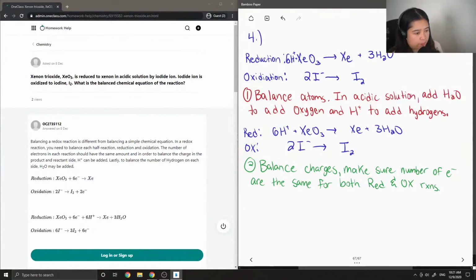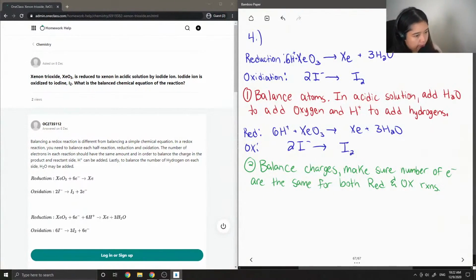Okay, so when we balance out the charges, we want the charges on our reactant side to be the same as the charges on the product side. So to do that, we need to add electrons to the side that is more positive.